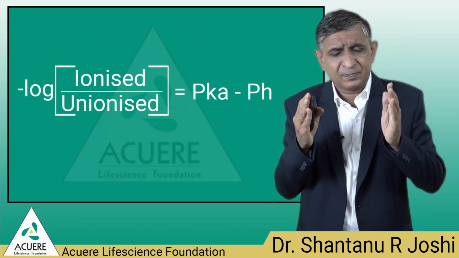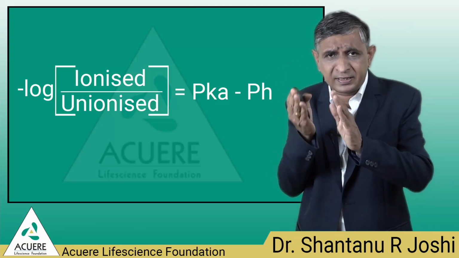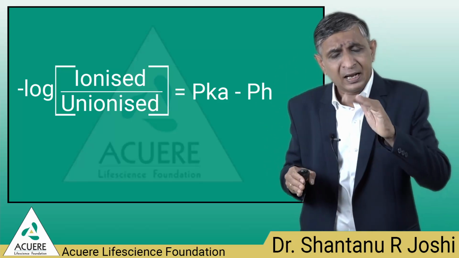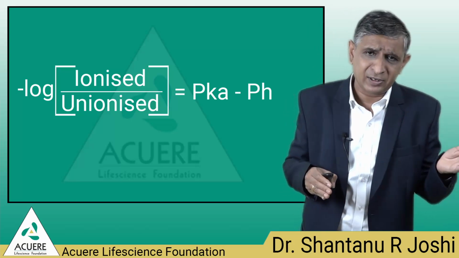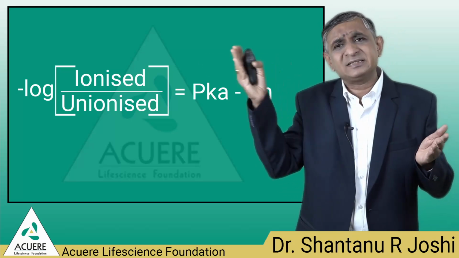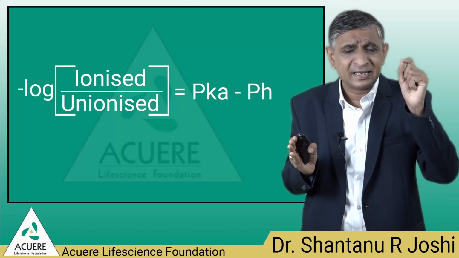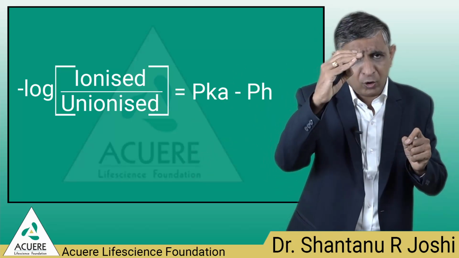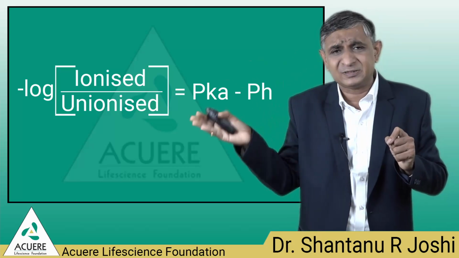If you change the position of pH and the log of ionized to unionized, shift them, the log of ionized to unionized becomes negative and pK minus pH will be on the right hand side. Now the negative logarithm of ionized to unionized is equal to pK minus pH.